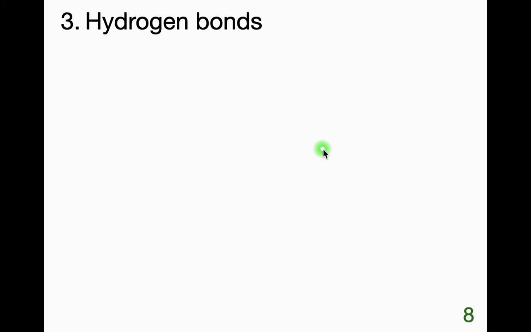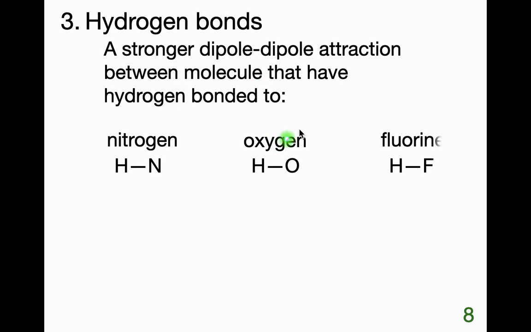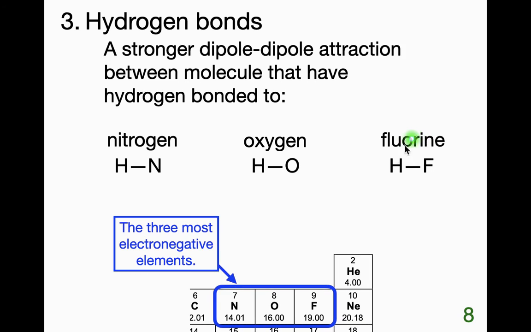And last, hydrogen bonds. A stronger dipole-dipole attraction between molecules that have hydrogen bonded to nitrogen, oxygen, or fluorine. You might remember from the last unit, we talked about nitrogen, oxygen, and fluorine being the three most electronegative elements. So when we look at the bond that hydrogen would form with those three elements, it's particularly polar.